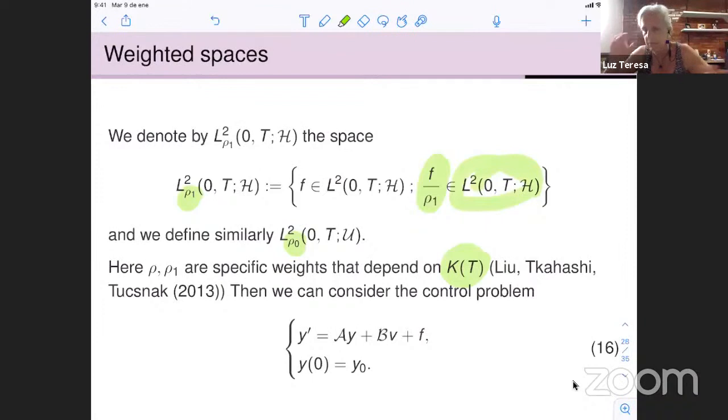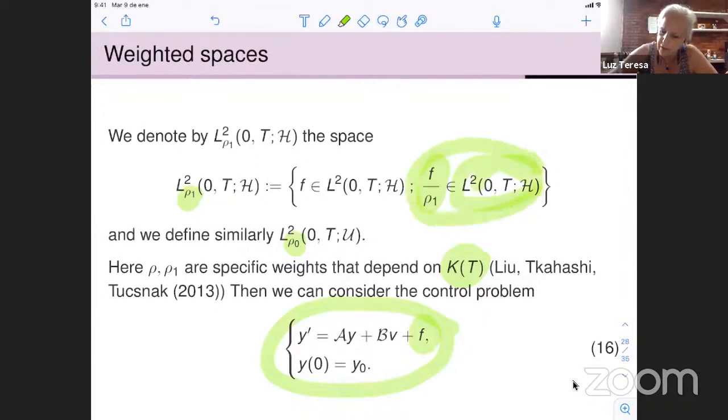Then, and there's a general result, you can consider this problem, okay? So the difference is that now you don't have a homogeneous problem, you have this F that appears here, okay? But you assume that this F divided by ρ1 belongs to this space.